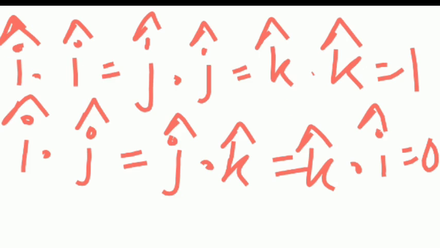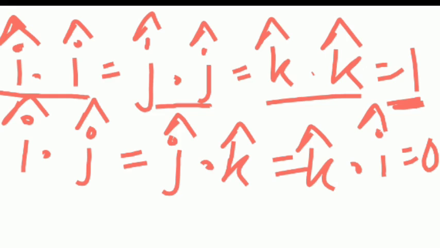So we can get these interesting properties. Suppose the unit vectors are along the same direction, then their dot product with itself is equal to 1. That is, i cap dot i cap is equal to 1, j cap into j cap is equal to 1, and k cap into k cap is also equal to 1. So basically these three products are equal to 1.